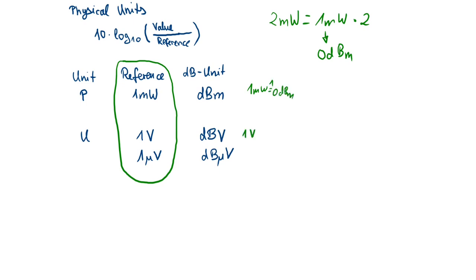Here it would mean that 1 volt is equivalent to 0 dB volts, and so on. This is just a convention. And now we can use our knowledge from the previous slide that multiplication by 2 is just 3 dB, and this yields 3 dBm.